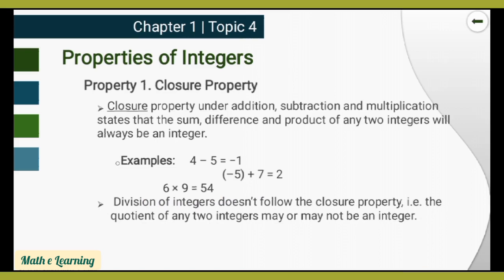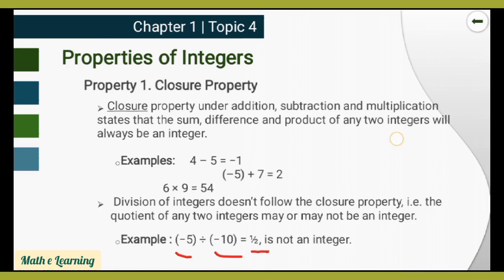Division of integers does not follow the closure property. That means the quotient of any two integers may or may not be an integer. And we understand this with an example. -5 divided by -10 is equal to 1/2.